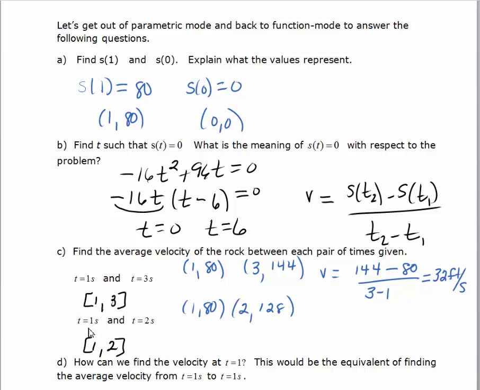Using, for this next part, to find the average velocity from 1 second to 2 seconds, I need the 1, 80 ordered pair and the 2, 128 to plug in our velocity formula. Substituting in gives me 128 minus 80 over 2 minus 1, or 48 feet per second. So we found the average velocity from 1 to 3 seconds. We found the average velocity from 1 to 2 seconds.